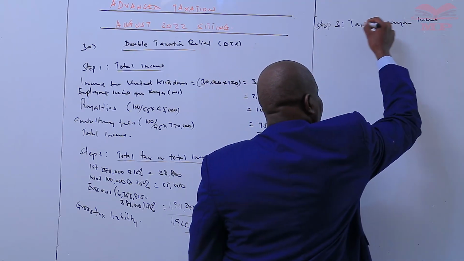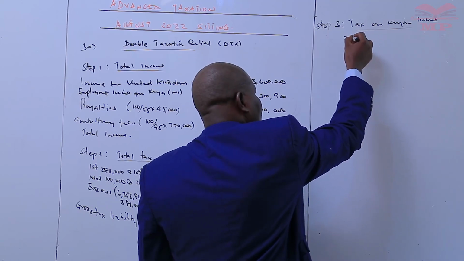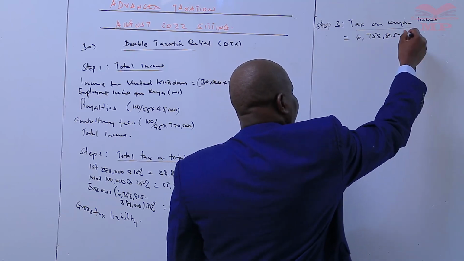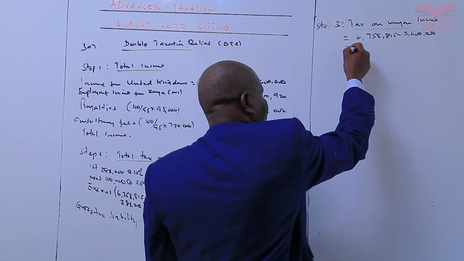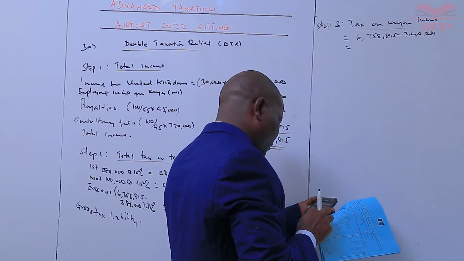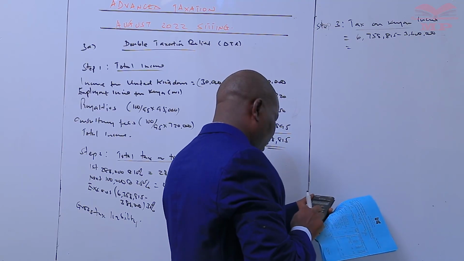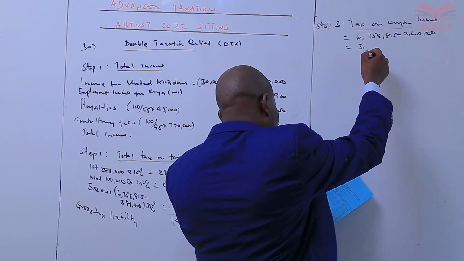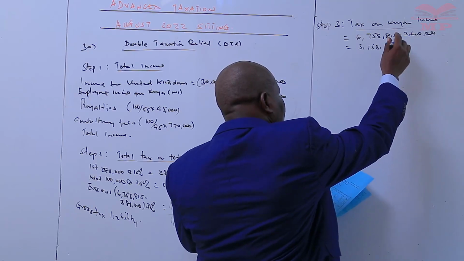So Kenyan income is simply, in this case, total income, that is 6,758,815 less the income from the UK, which is 3.6 million. And that gives us 6,758,815 less 3.6 million. I'm getting 3,158,815. That is what we tax.